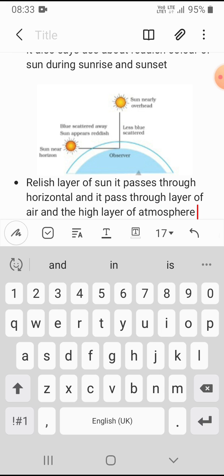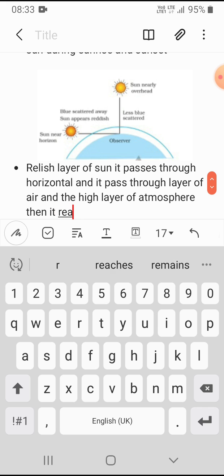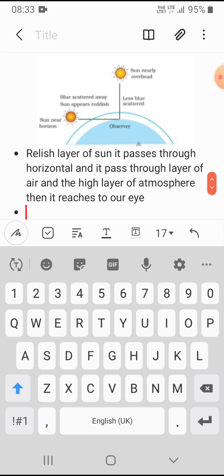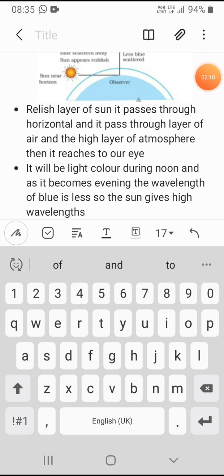In the higher atmosphere it passes through, then it reaches our eyes, after passing through the atmosphere, with the sun near the horizon. It will be light colored during noon, as you all know. As it becomes evening, the blue wavelength is less, so the sun gives the high wavelength.